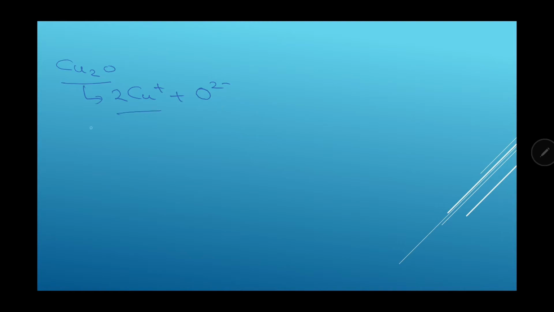So the molar mass of Cu+ is 63.5 grams, and therefore 2Cu+ will have a molar mass of 2 into 63.5 grams. And as before, the molar mass of O2- is 16 grams.